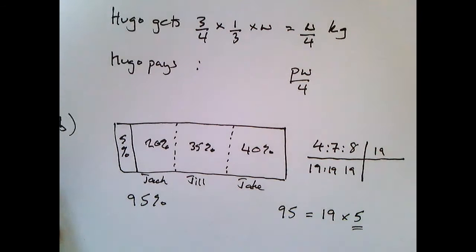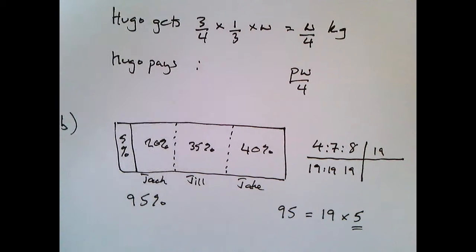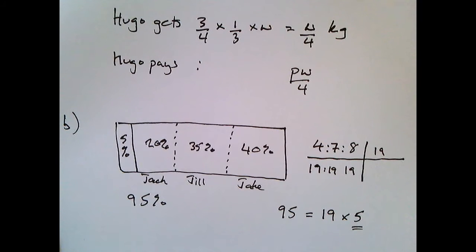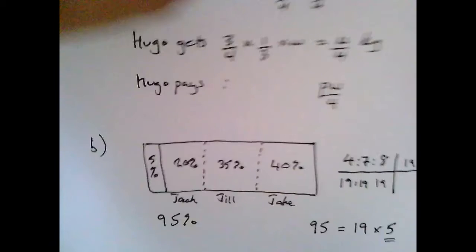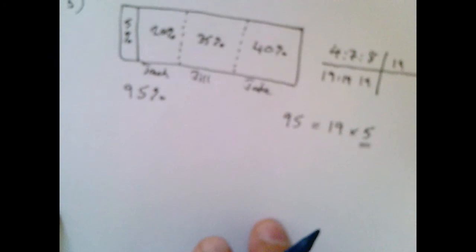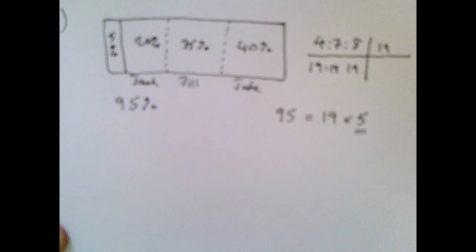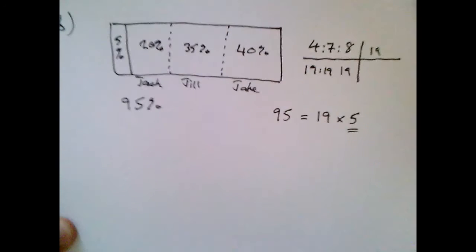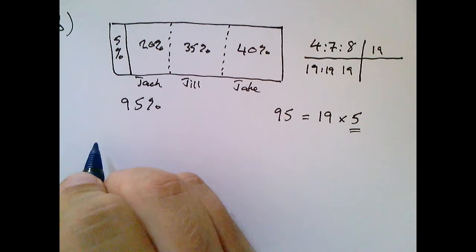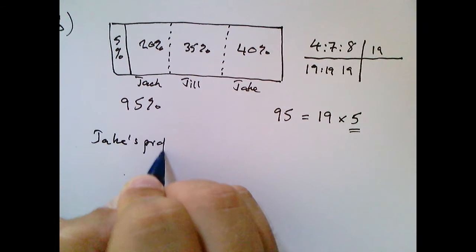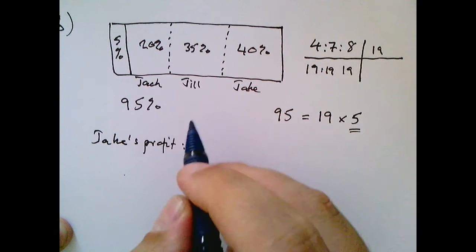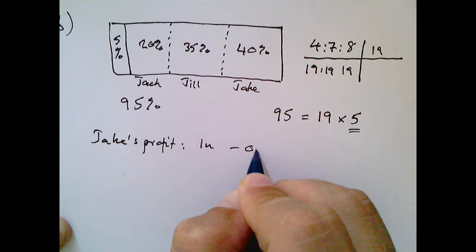Jill, so let's go back to the basics. Try and rearrange this. Very basically, Jake's profit is his in minus his out.